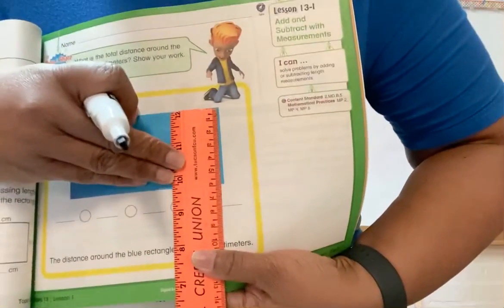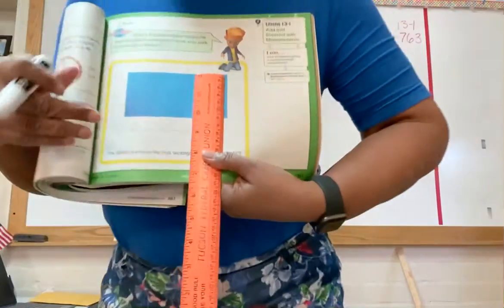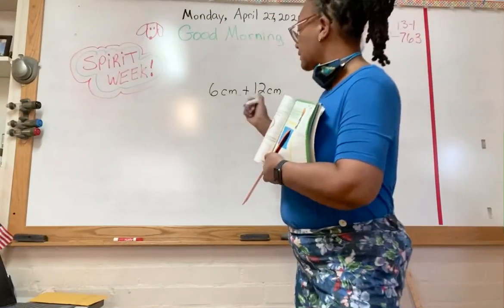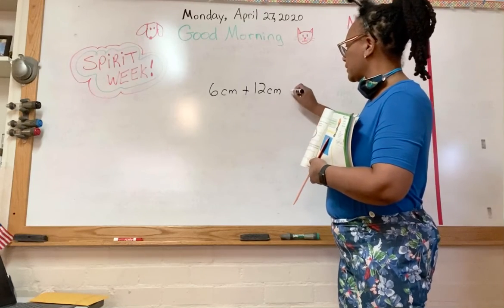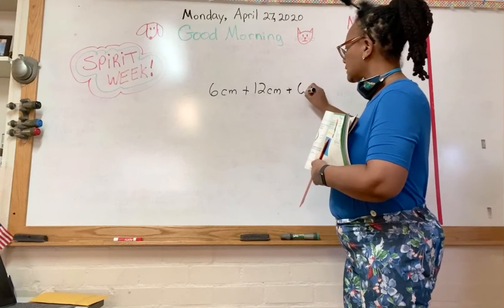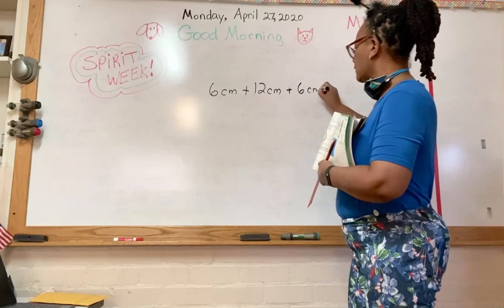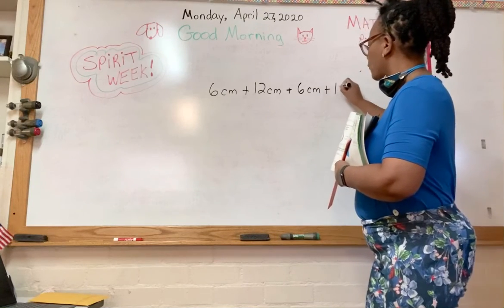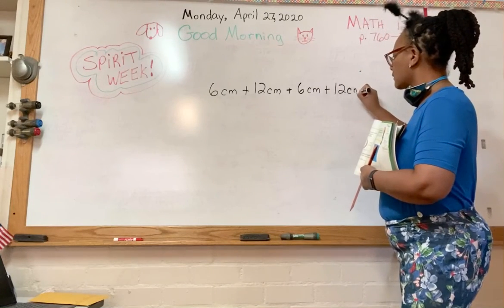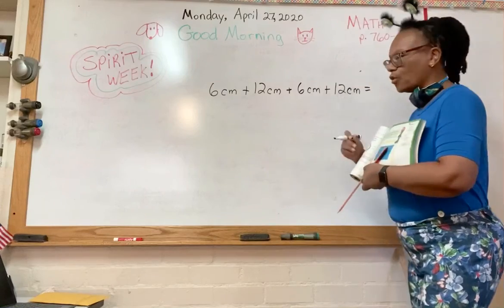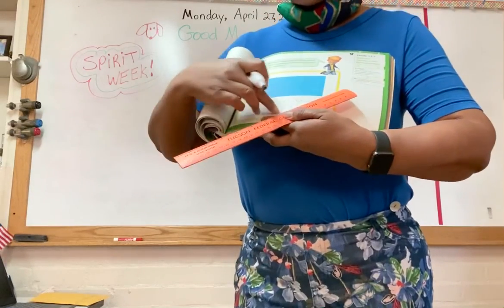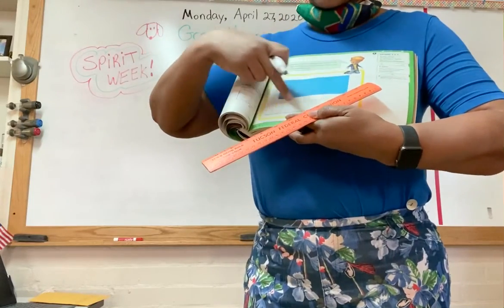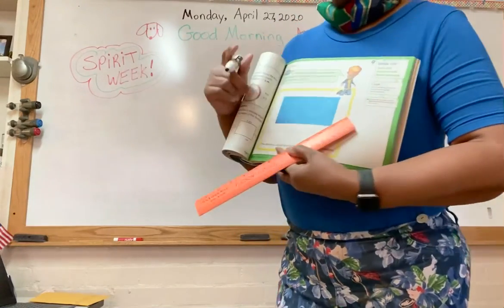So let's see, is it? Yes, it is. So that means that it is 6 centimeters plus 12 centimeters plus 6 more centimeters plus 12 more centimeters, because they want you to measure the distance all around the rectangle.